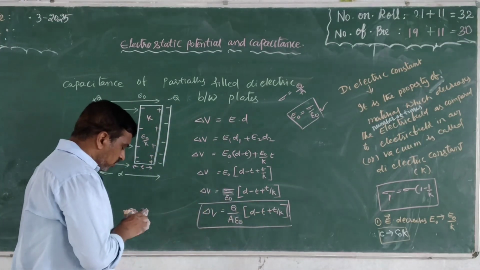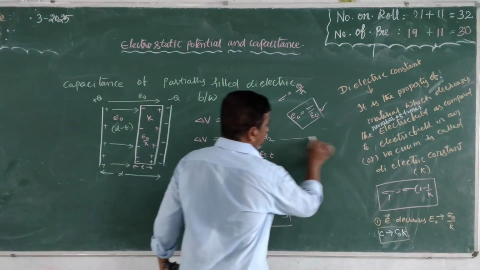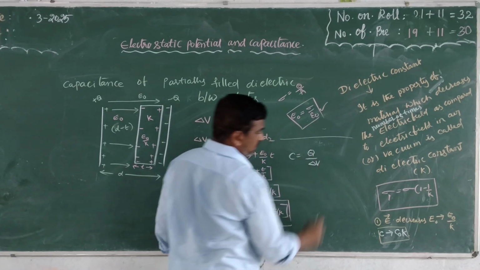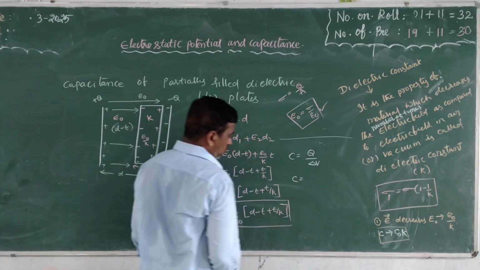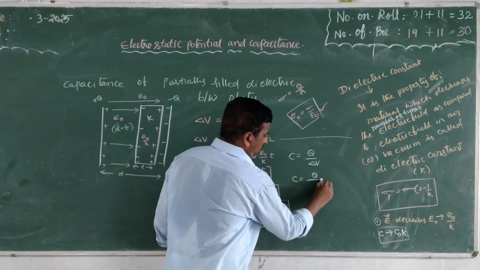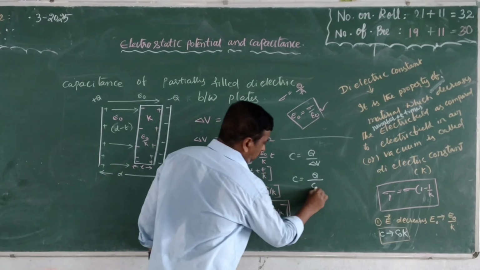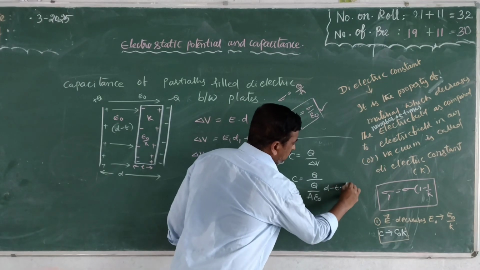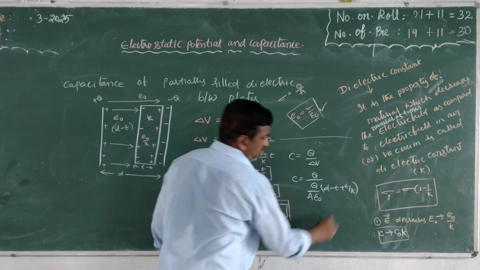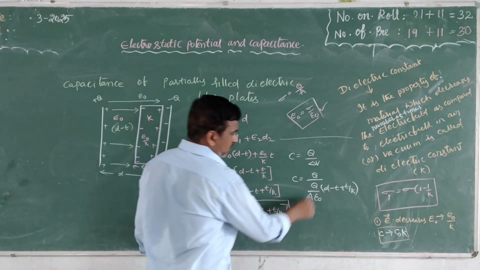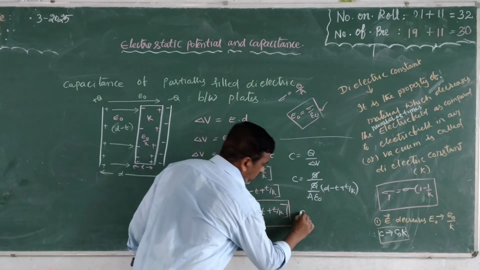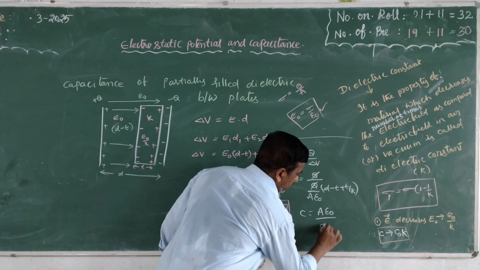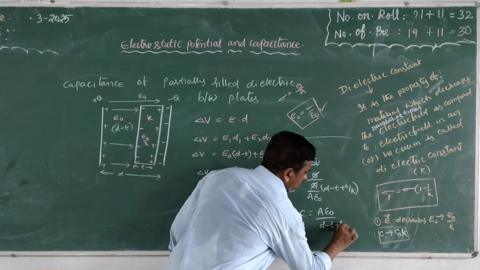Now we find the capacitance. C equals Q by delta V. Delta V is Q by A epsilon naught into (d minus t plus t by K). Q cancels, and we get A epsilon naught by (d minus t plus t by K).